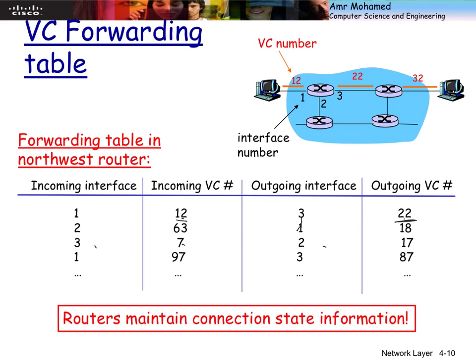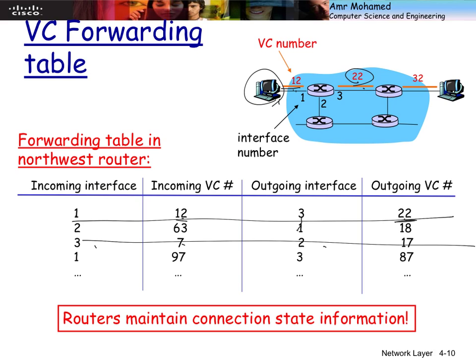So if you have an incoming call with a virtual circuit number of 12, this is coming from the host, so the host or the edge router assigns this virtual circuit initially. That doesn't mean that the output virtual circuit is the same. It can be different, and in that case, the router will maintain one certain state for each virtual circuit.